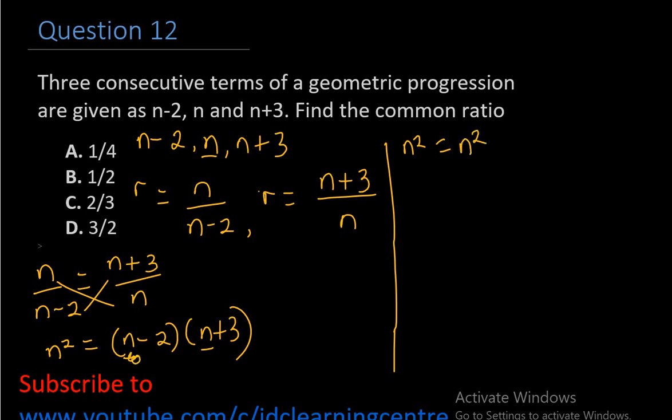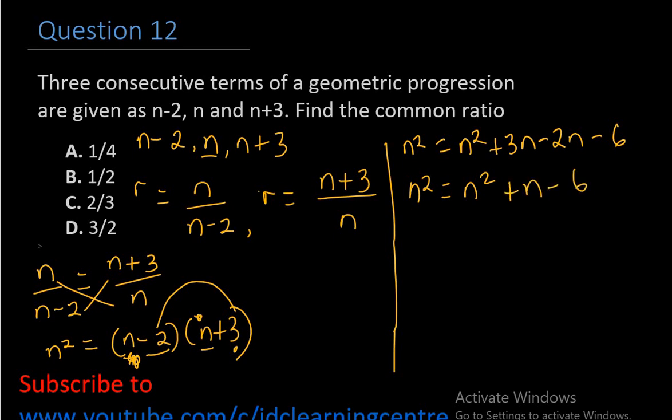This n times the plus 3 gives me plus 3n. Now I'm done with n, go to minus. So minus 2 times this n will give me minus 2n. So minus 2 times the plus 3 will give me, minus times plus is minus, 2 times 3, 6. So n squared equal to n squared plus 3n minus 2n will give me n minus 6.